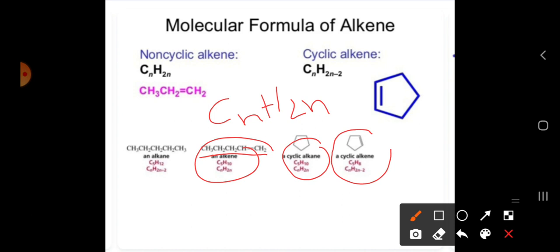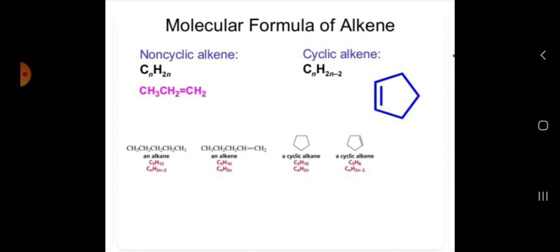So see the difference: for alkane you have CnH2n plus 2, for cycloalkane CnH2n, for alkene CnH2n, and for cyclic alkene CnH2n minus 2. For example, with C5, H is 2 times 5, which is 10, and 10 minus 2 is 8. So this is the reason.